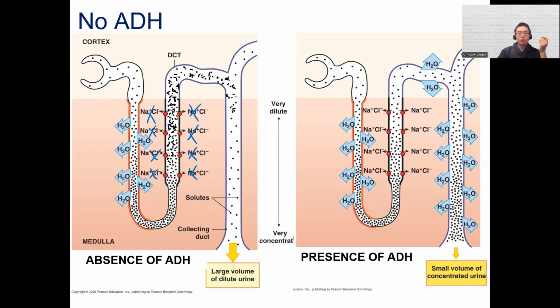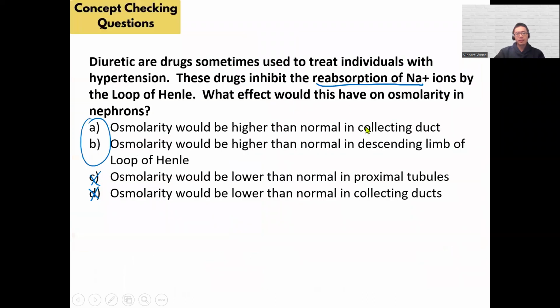So the filtrate will be higher compared to the distal tubule and the collecting duct. But it will be the same compared to the descending limb, the same as the bottom of the loop, basically. So the answer is going to be higher than normal in the collecting duct, and it would be the same, or at least very similar, to the concentration of the descending limb.